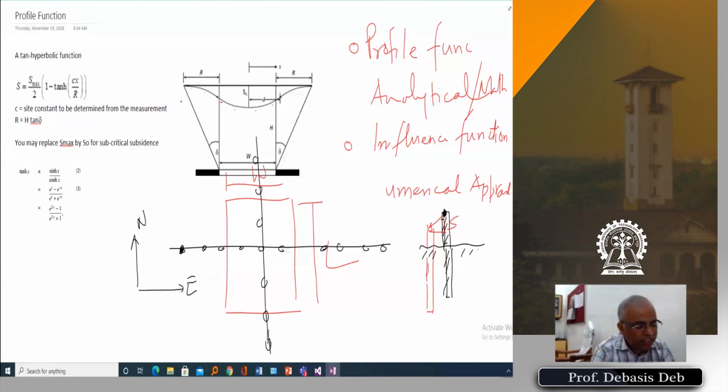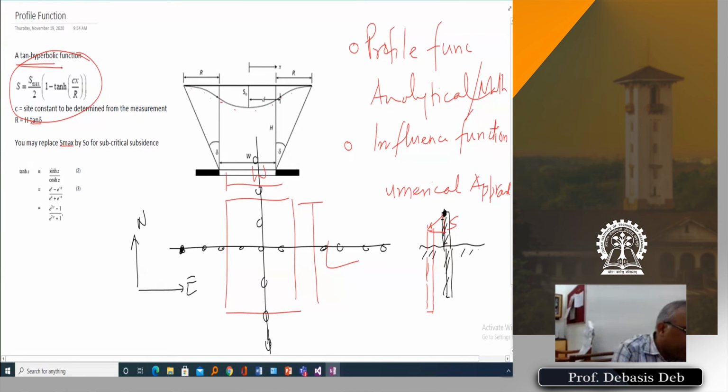And if you plot any horizontal, then you will get the horizontal displacement also. Now, once we have plotted it, we try to fit this with a curve called the tan hyperbolic function. We normally use the tan hyperbolic function. There are many other functions. That's why I told you there are many profile functions, out of which this tan hyperbolic is the most popular.